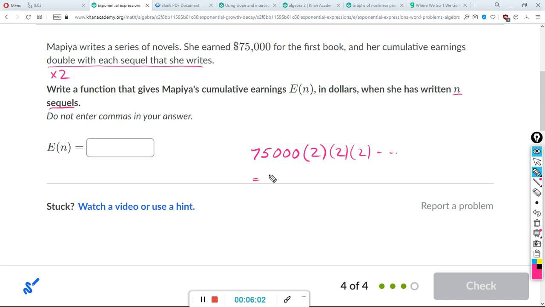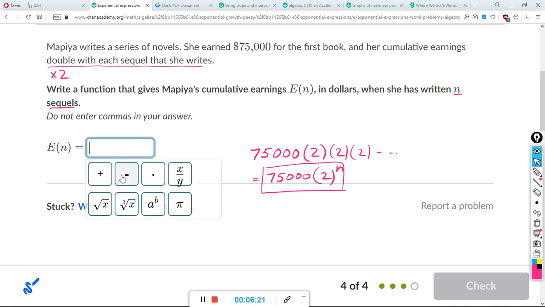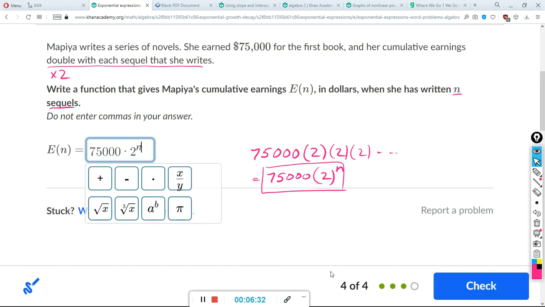So the final answer is just going to be 75 grand times 2 and raised to the power of n, because n represents the number of sequels. So that's it. So no commas, just type 75 grand and use the dot for times 2 and use this for the exponent, power of n.